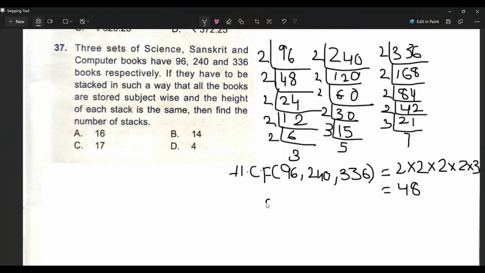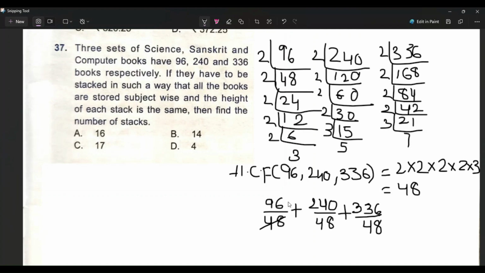So now we are supposed to divide all these three numbers by 48: 96 divided by 48 plus 240 divided by 48 plus 336 divided by 48.